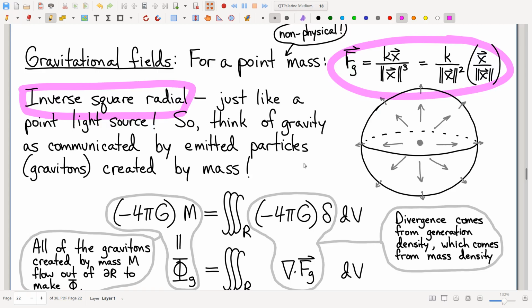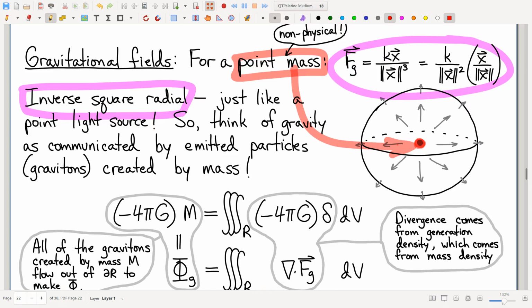And if you think about it, if that were the case, if you have a single point mass like this, just like a single point light source, little particles shooting out of a little piece of mass, little particles shooting out of a light source, of course they would be the same field. They're really fundamentally the same idea.